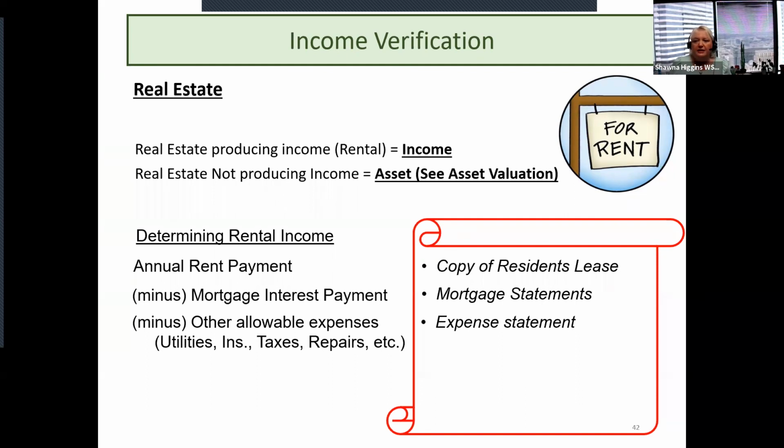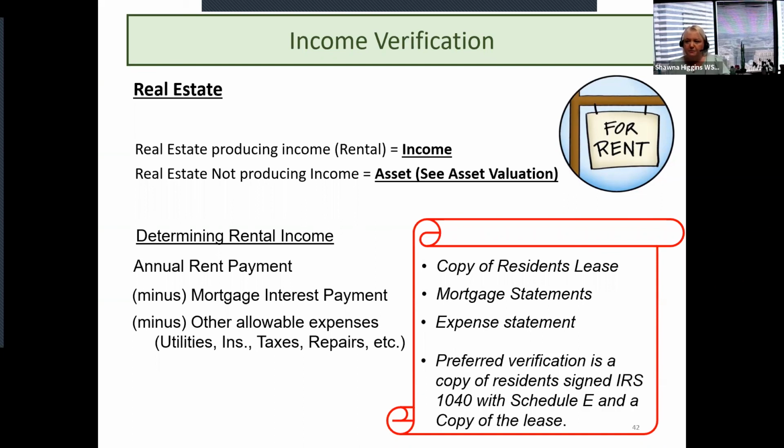You're also going to subtract any other allowable expenses, like if the owner pays the utilities, the insurance on the property, taxes, anything that's keeping the house up. So you're going to ask the owner to supply an expense statement. And then preferred verification is a copy of the resident signed tax return, the 1040, with the Schedule E, and a copy of the lease.